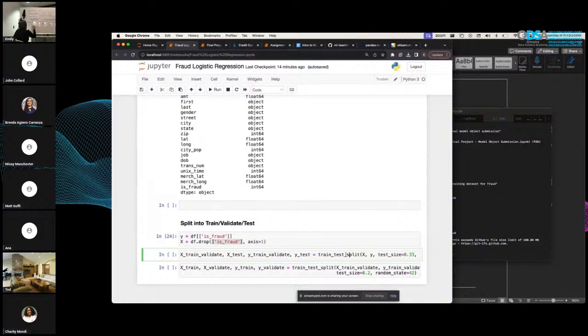And we call this 33% of our data in that exact implementation. And then we're going to make this one our train validate set, the other 77% of our data.